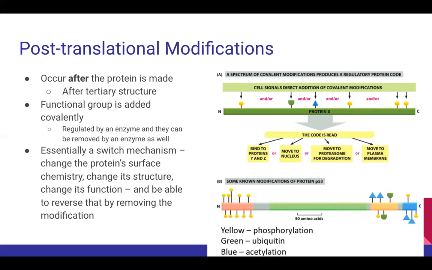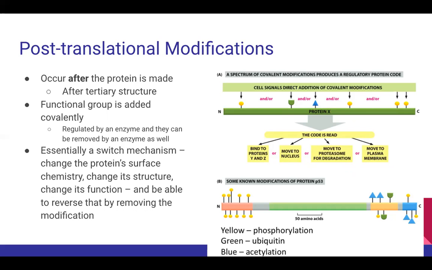Basically the effect of post-translational modifications is to change the protein surface chemistry or its structure and its function. So in this diagram, I think you guys have seen this before, this yellow here is phosphorylation. This green at the bottom is ubiquitin, and blue is acetylation.